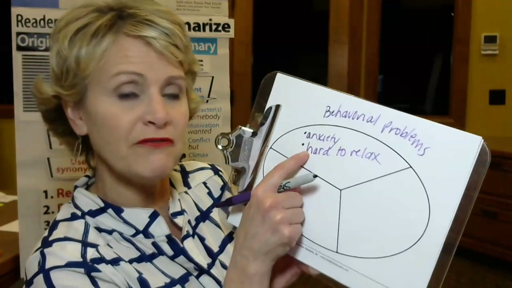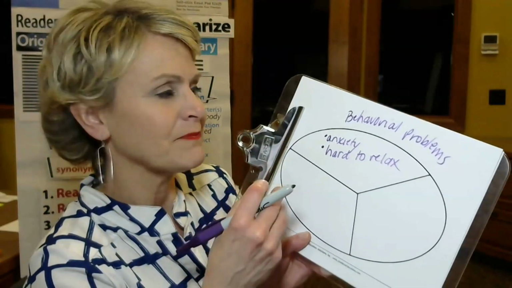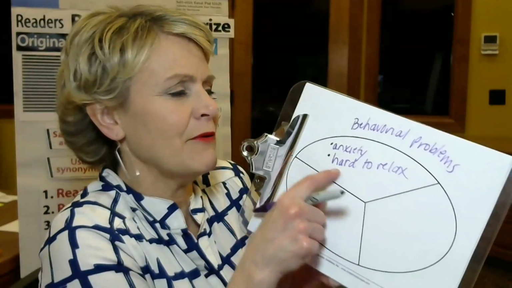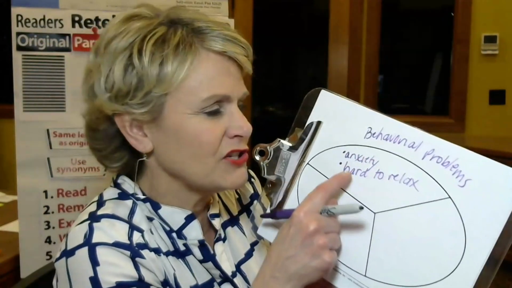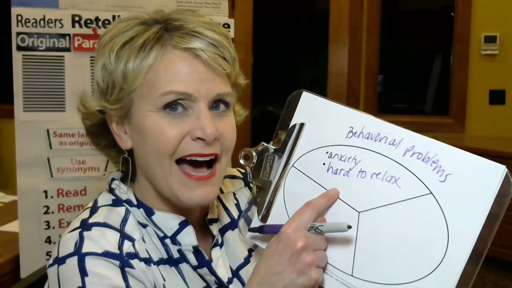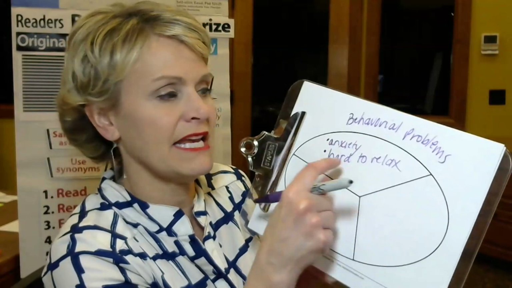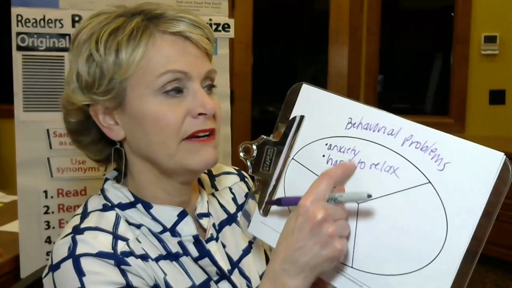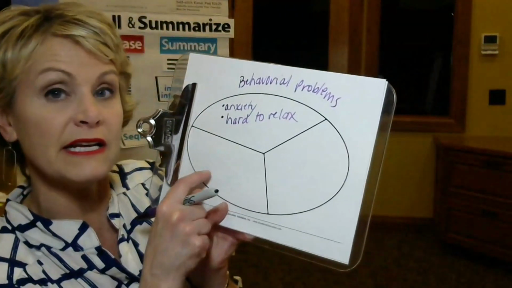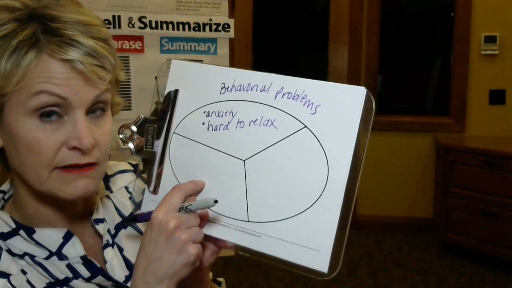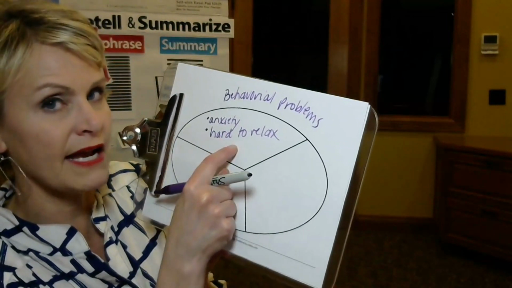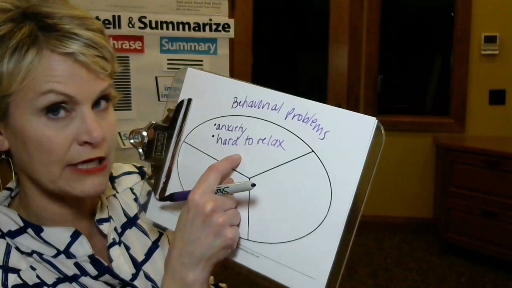Do you see how both of those are in the same pie piece? Because they're like synonyms. They're like saying the same thing just with different words. I want to keep everything about anxiety in this pie piece. But if I learn of another problem, I'll put it maybe in this pie piece. Okay? But all anxiety details should go here.